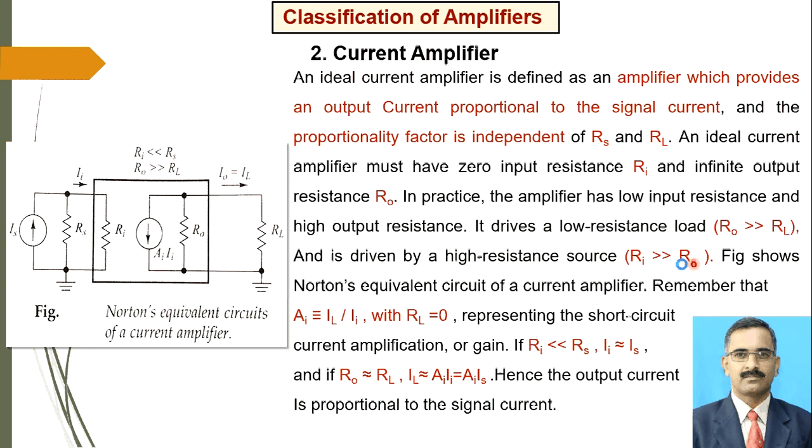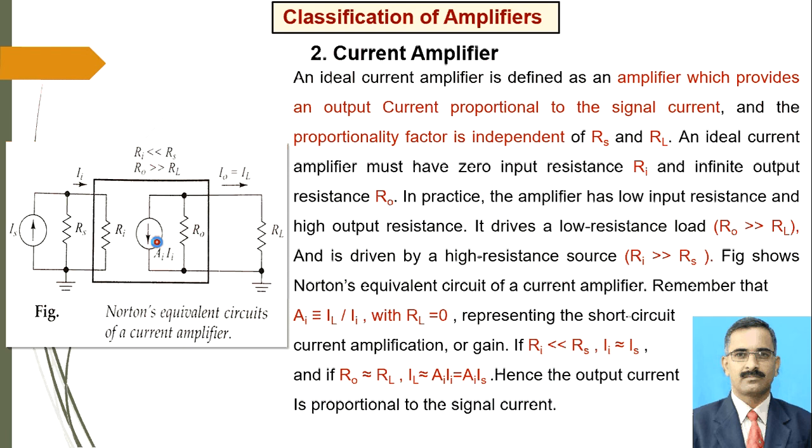The input resistance of that particular amplifier is very less than the source resistance Rs. This is in the opposite direction. Remember that thing. Thevenin's equivalent circuit gives the voltage amplifier, and Norton's equivalent circuit represents the current amplifier. Now this is all about the current amplifier.